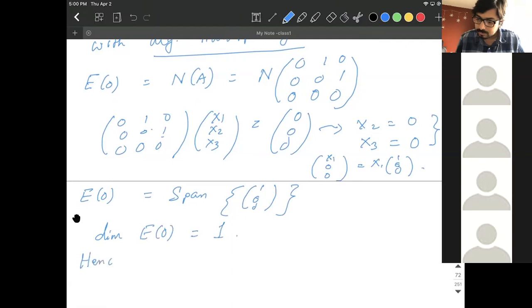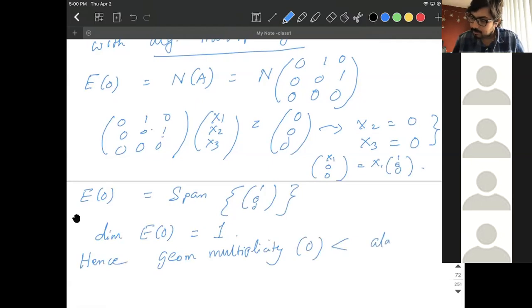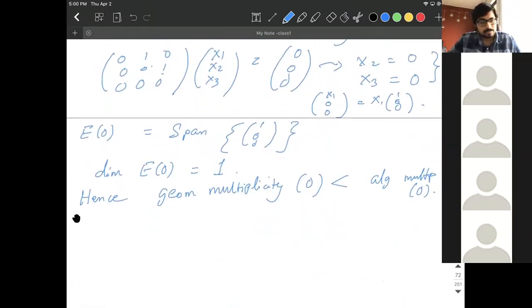Hence, the geometric multiplicity of 0 is less than the algebraic multiplicity of 0. Okay, the algebraic multiplicity is 3 and the geometric multiplicity is 1.